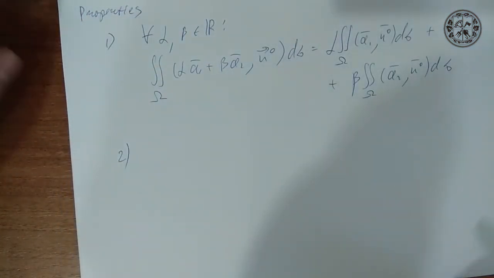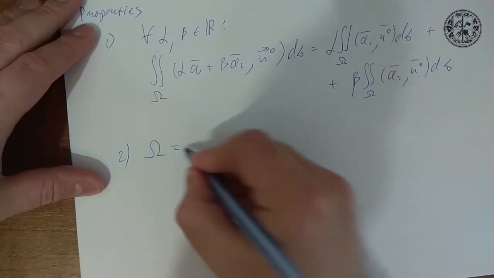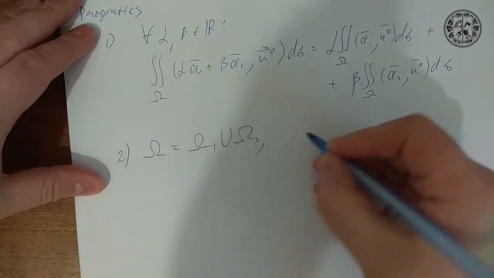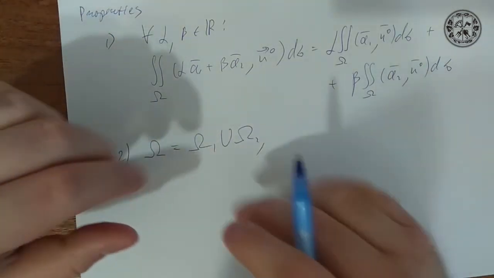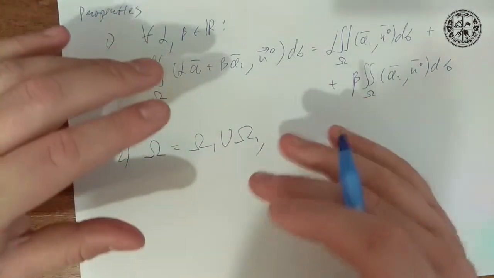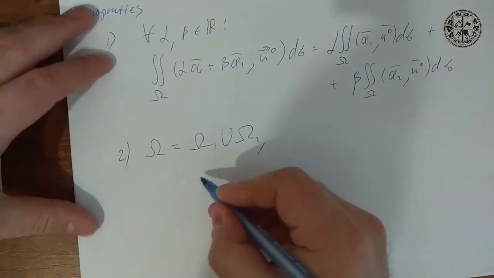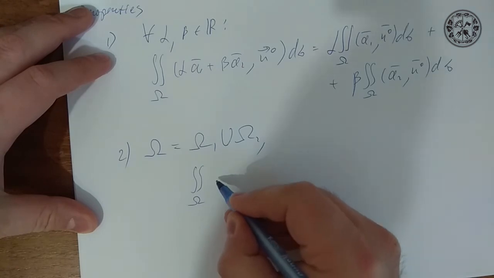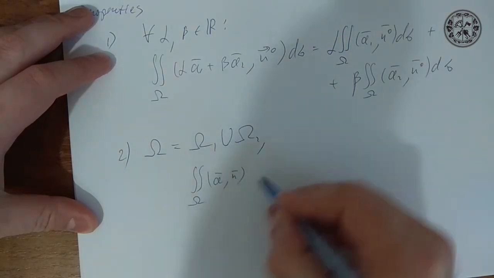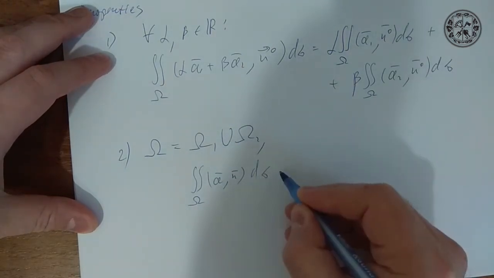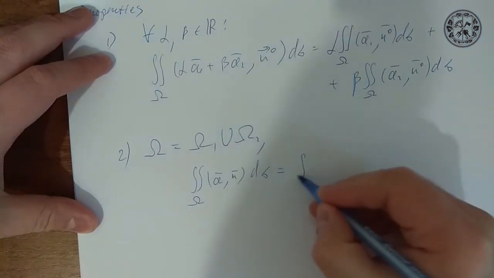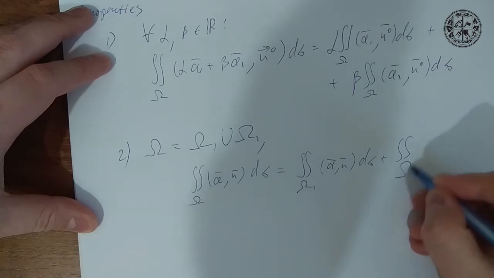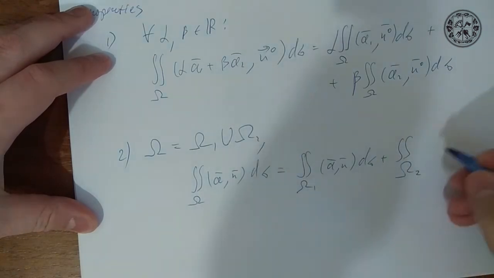Second property: if omega consists of omega 1 and omega 2 and these two surfaces do not have any common inside points, then we can calculate the integral of second kind over omega as the sum of the integral of second kind over omega 1 plus the integral of second kind over omega 2.